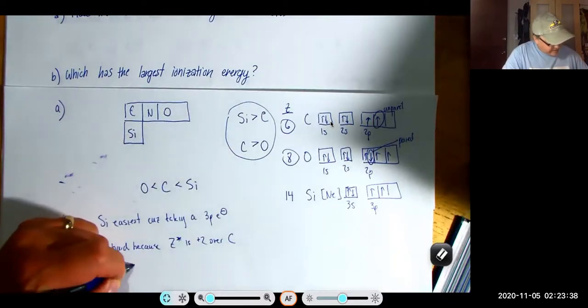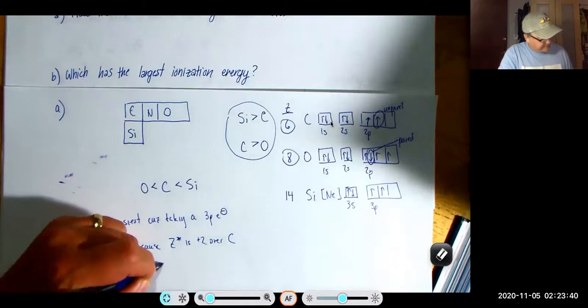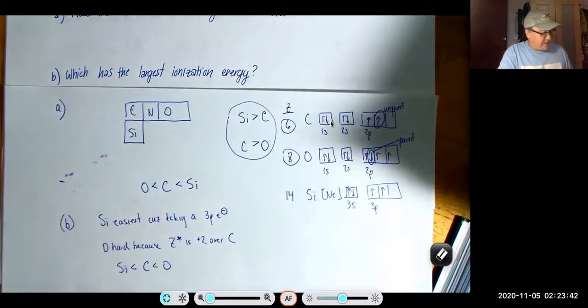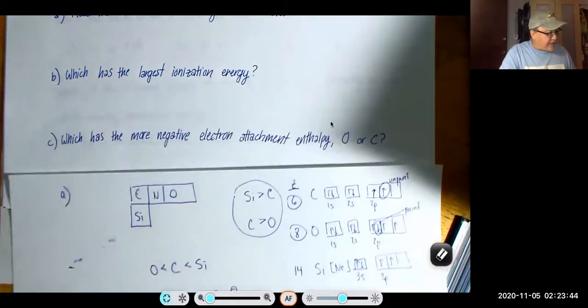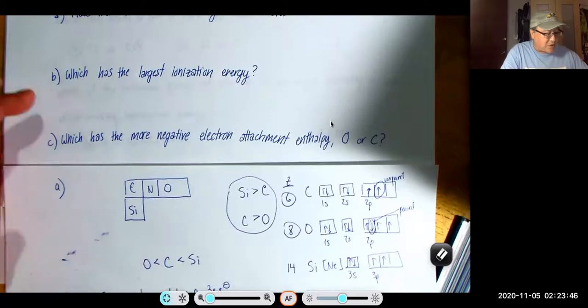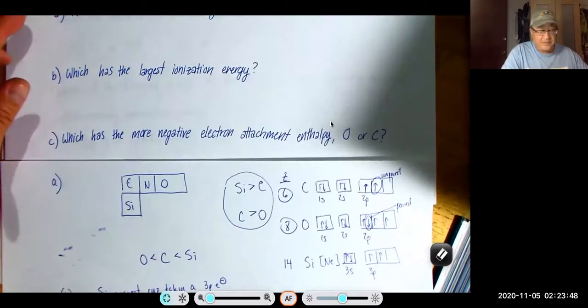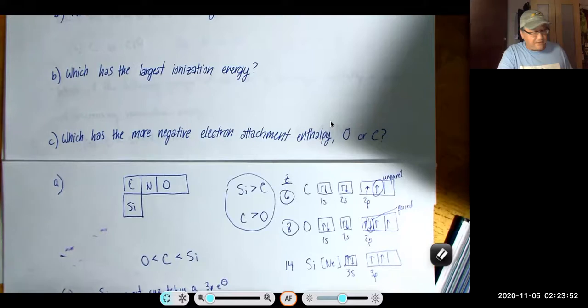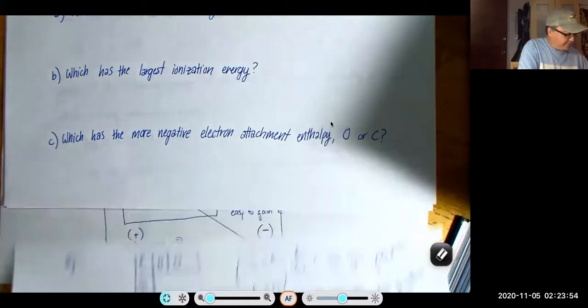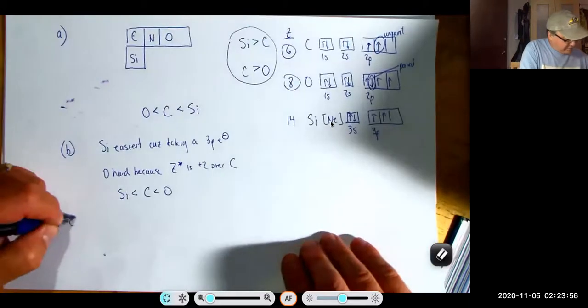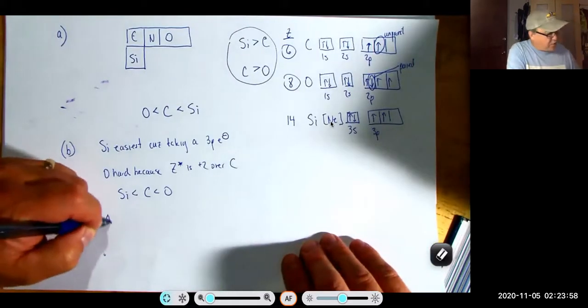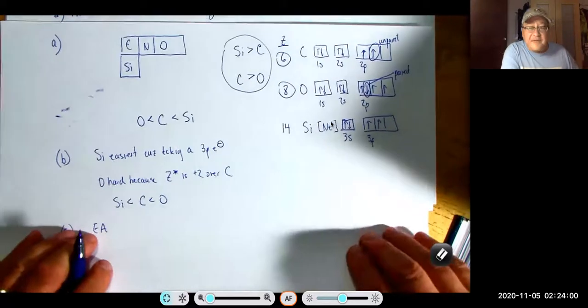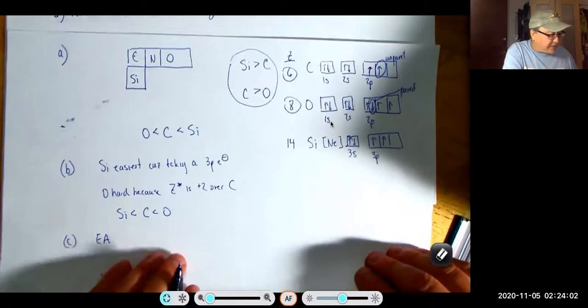Silicon, then carbon, then oxygen. Now, what is C? Which has the more negative electron attachment enthalpy? So this really is which one has the more positive electron affinity. So for C, for electron affinity, which one's going to have a greater affinity for electrons? Well, let's take a look here.